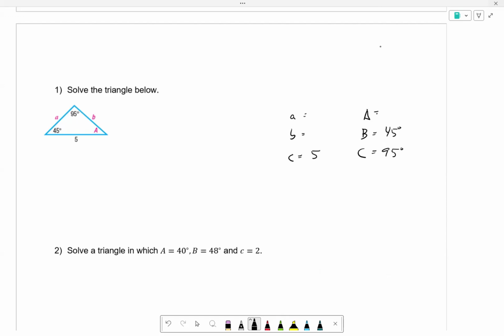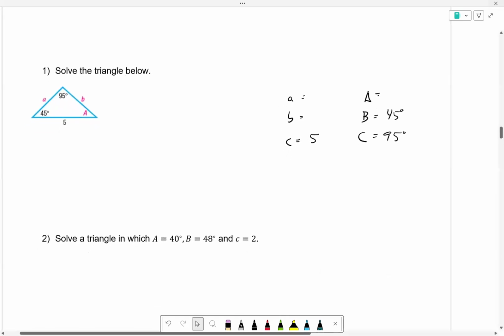Okay, Ria, can you help us with this? What did you do? I have no idea what to do. Can you just help me, tell me where to start? Okay, so you notice that these are 140. Say A is 40.